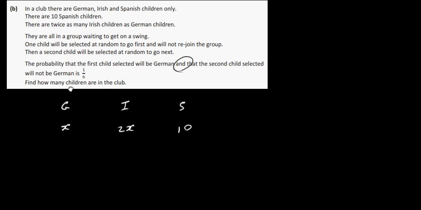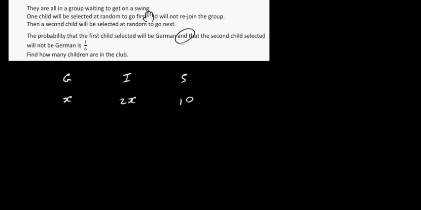Now they are all in a group waiting to get on a swing. One child will be selected at random to go first and will not rejoin the group, so that's important. Now then a second child will be selected at random to go next. The probability that the first child selected will be German and the second child selected will not be German is 1/6.